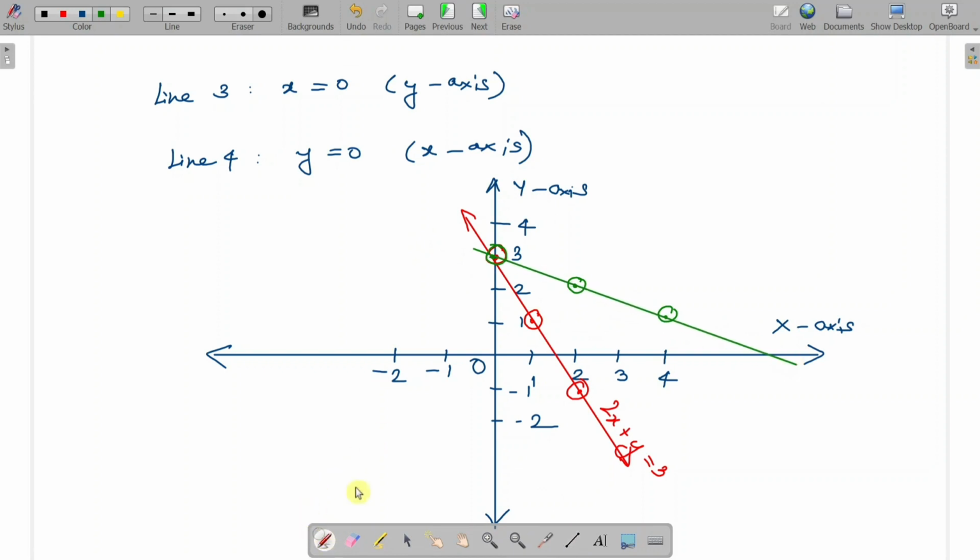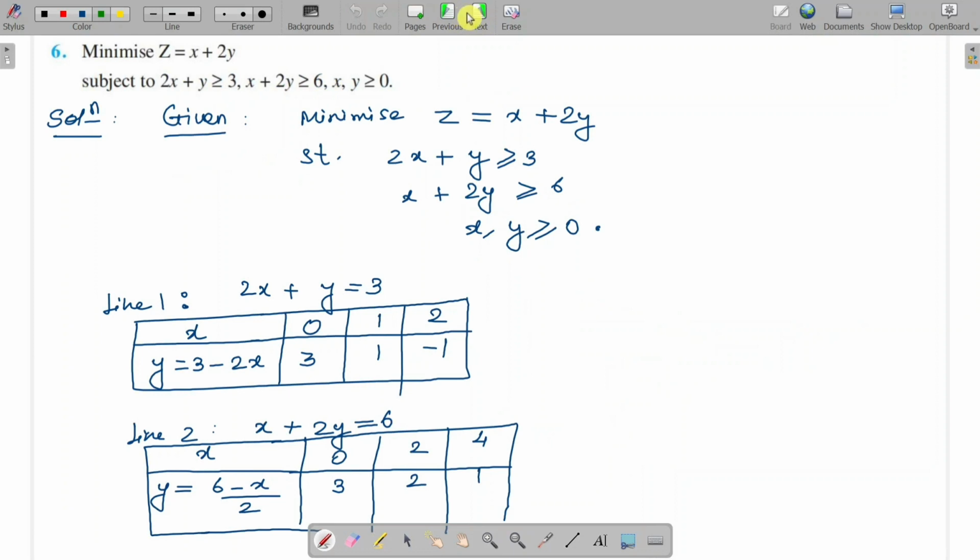If you join these 3 points, you will get this, that is x plus 2y equal to 6.